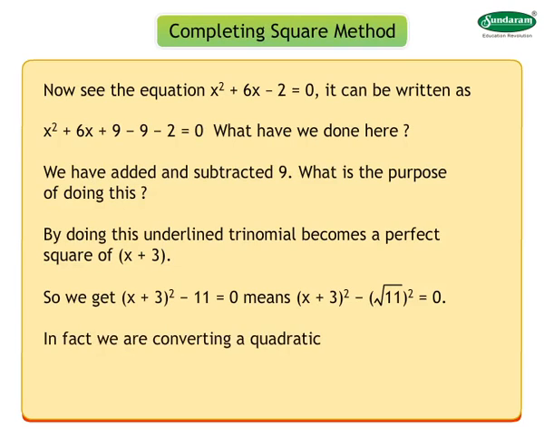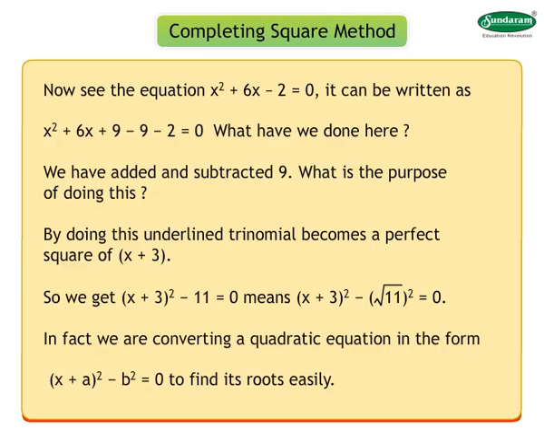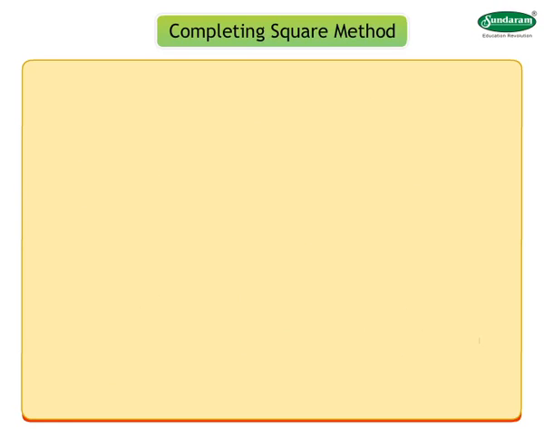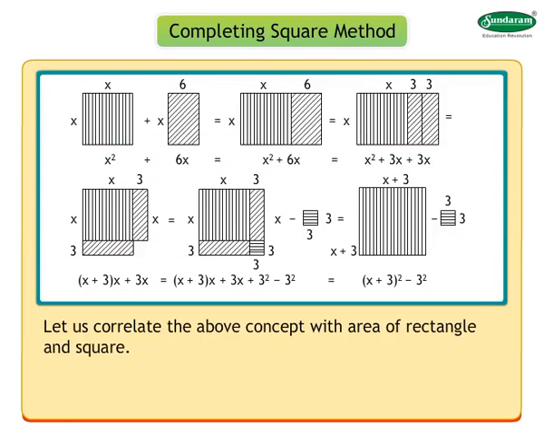In fact, we are converting a quadratic equation into the form (x plus a) whole square minus b square is equal to 0 to find its roots easily. Let us correlate the above concept with the area of rectangle and square.